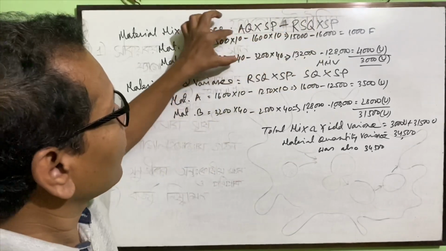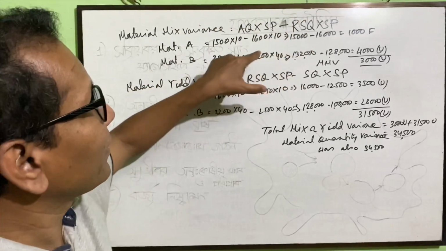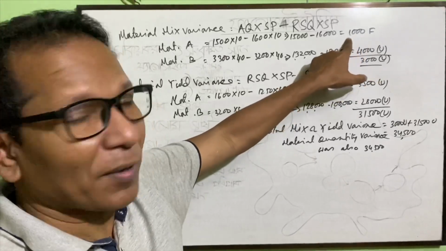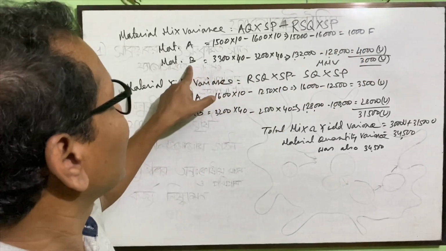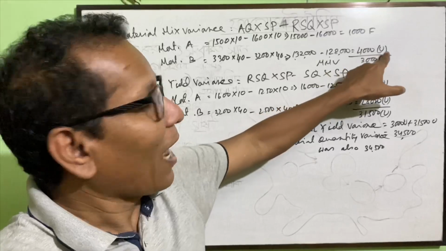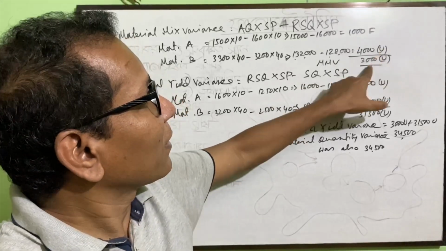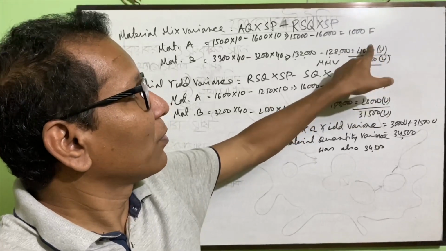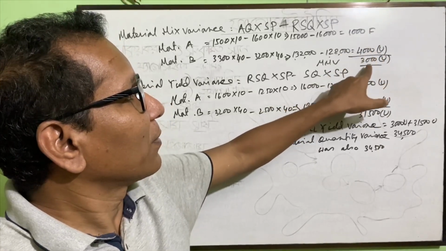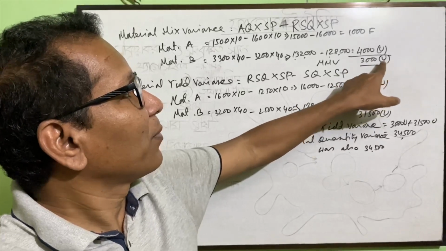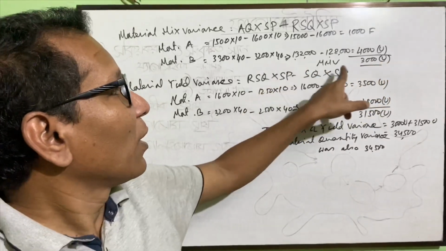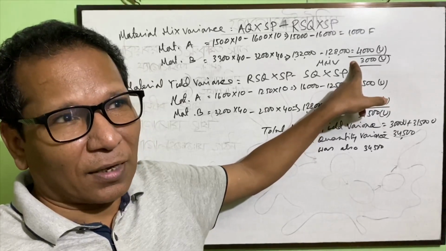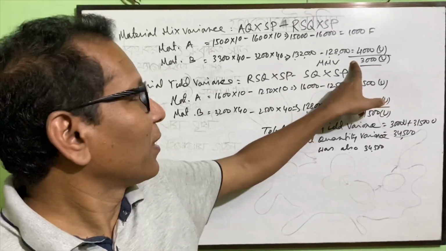Putting the information in the formula, we get 1000 F, that means favorable variance, and here for material B we get 4000 unfavorable variance. That means the total here is 3000 unfavorable variance: favorable 1000, unfavorable 4000. That means we used very valuable materials much more than the less valuable materials.